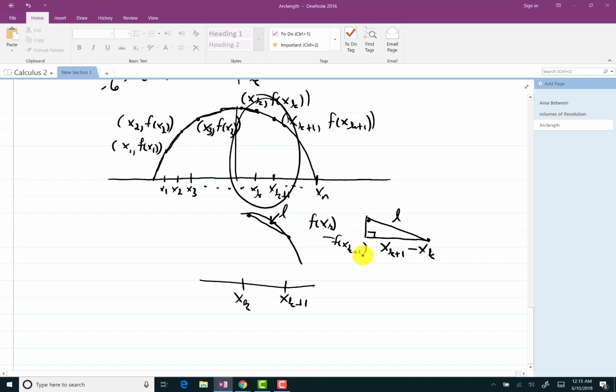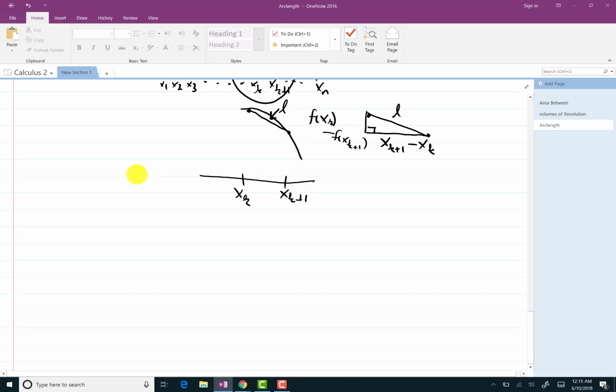So I'll draw that again, but much bigger. Calculus is the art of zooming in and zooming in and zooming in. So this up here was f of x sub k minus f of x sub k plus 1.